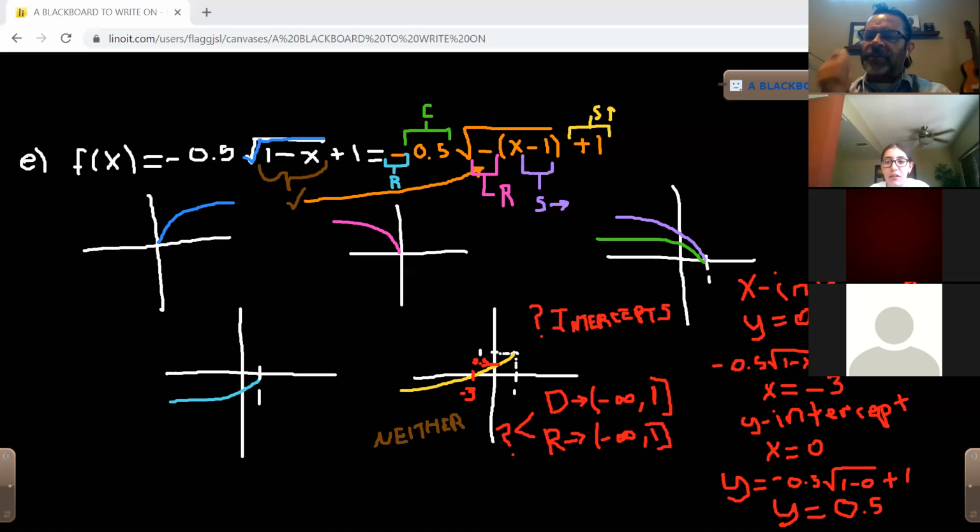Yes, all of the possible values of y. It's 99.999% perfect. It's all of the possible values of y according to the domain. Because remember that the domain and the range are related. The domain is all of the possible values of x. The range is going to be all of the possible values of y given the domain. Okay, perfect. Thank you very much, Viviana, that was great.